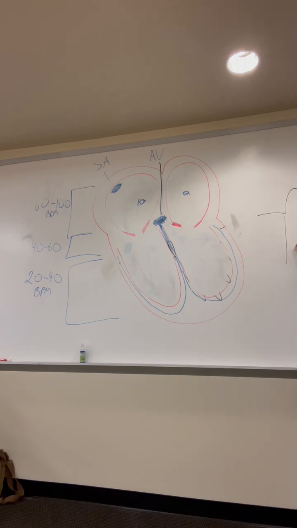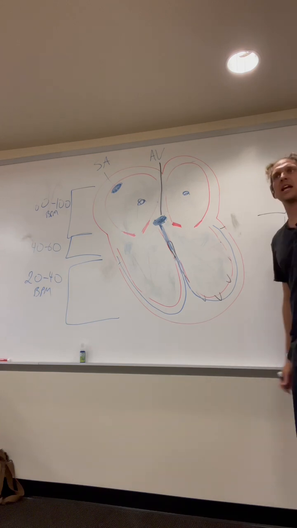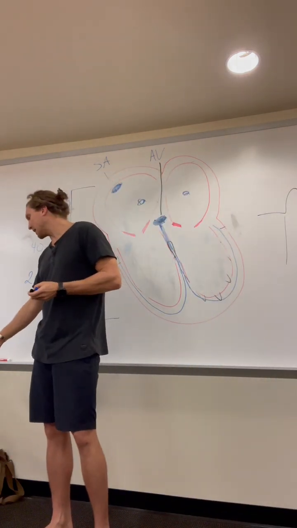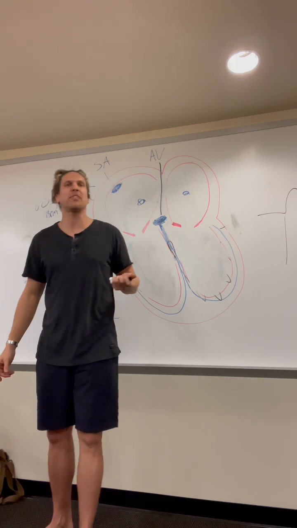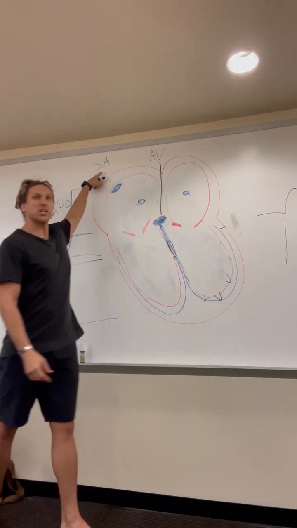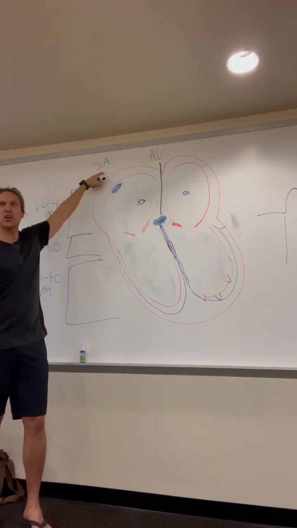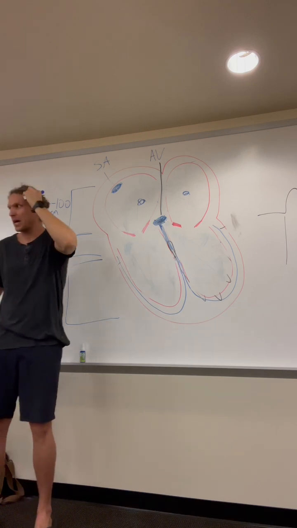The PR interval is from here to here, and you're allowed 5 of those little boxes. Longer than that is a prolonged PR interval. This one does not have that, so I think this is normal sinus rhythm. The name comes from the sinoatrial node, that's why we call it sinus. Normal sinus rhythm, okay? Normal SA node initiated rhythm, okay?